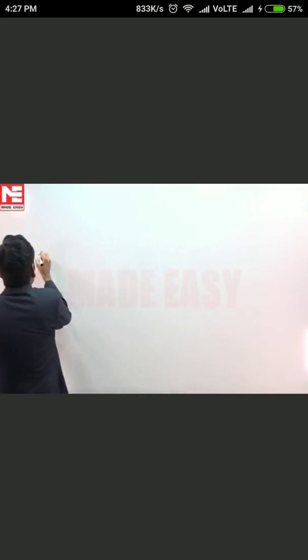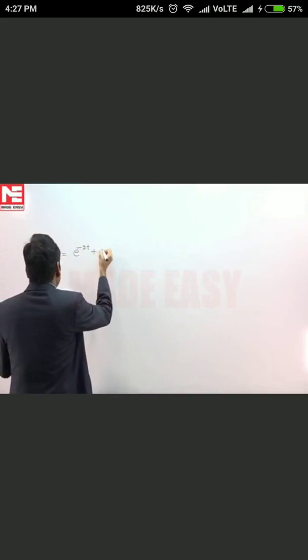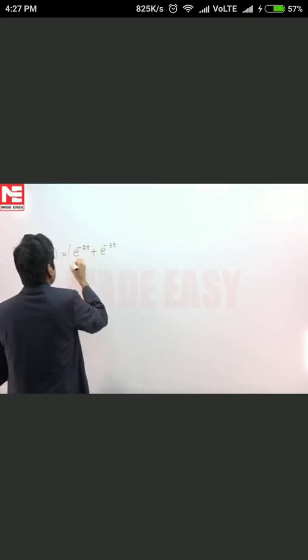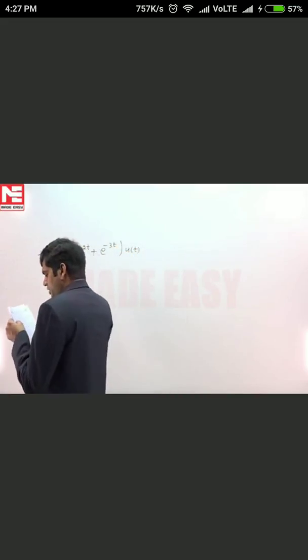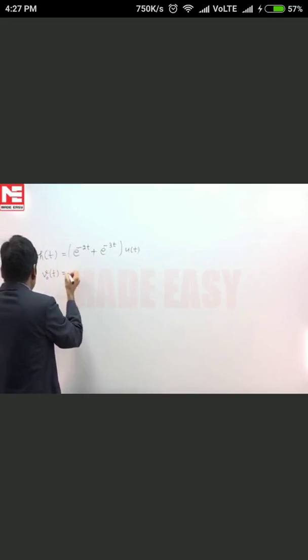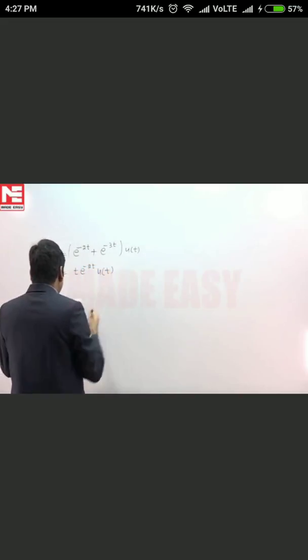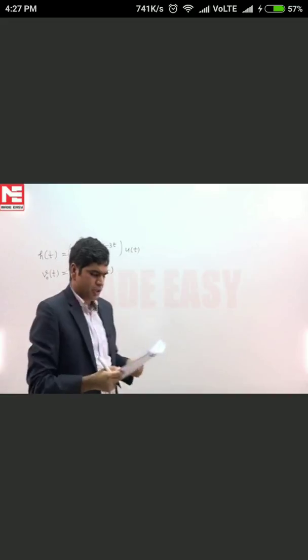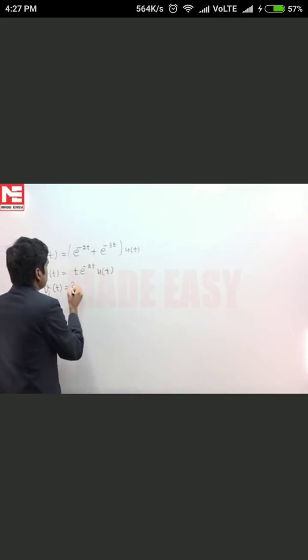The unit impulse response of an initially relaxed two-port network is h(t) given as e to the power minus 2t plus e to the power minus 3t, u(t). If the zero state response of the network is v0(t) is t e to the power minus 2t u(t), then we have to calculate the corresponding excitation of the network, vi(t).